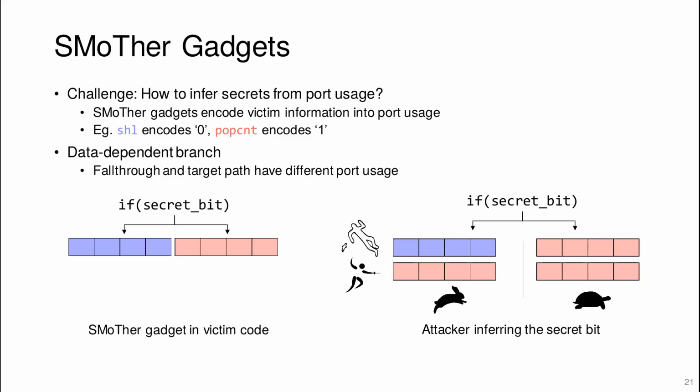And the target and the fall through of this conditional branch should generate measurably different contention on some execution port. So again, in the port 0, port 1 example that we have before, you can either time contention for both victim and attacker executing pop counts, or no contention and so fast timing on the attacker side if one is executing shift left and the other pop counts.